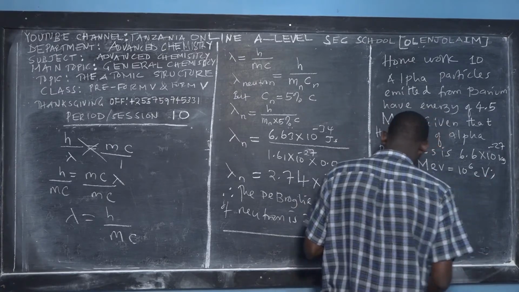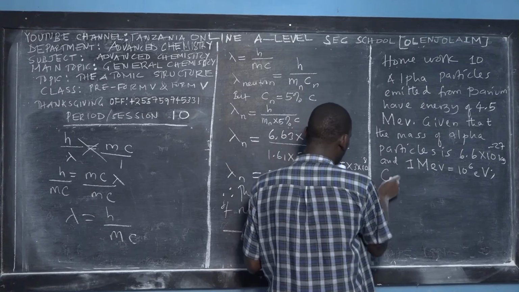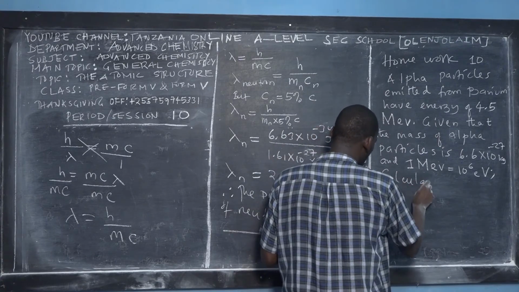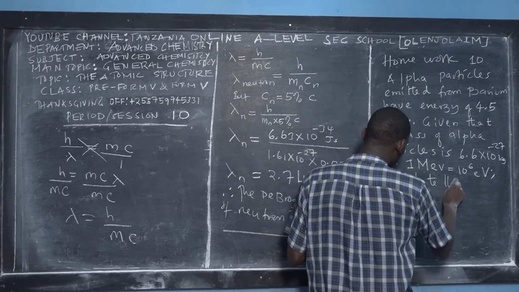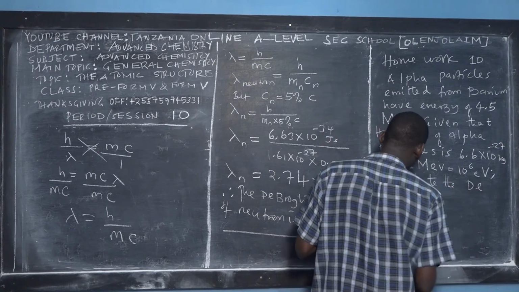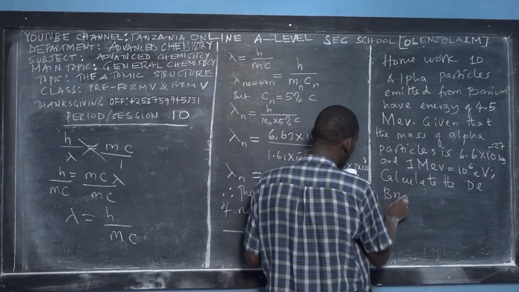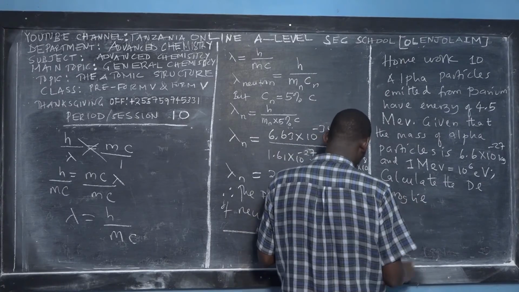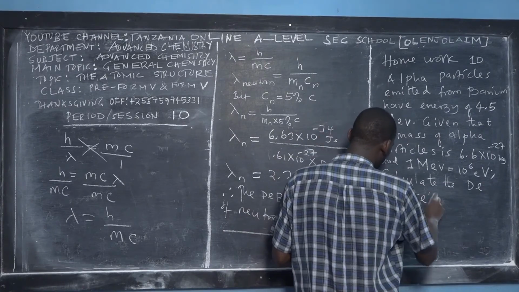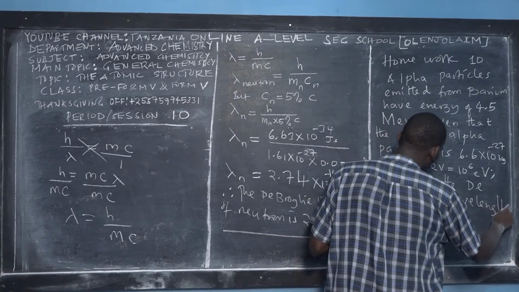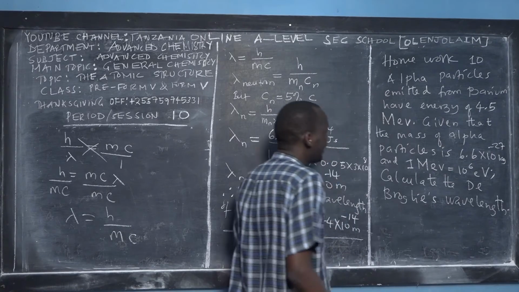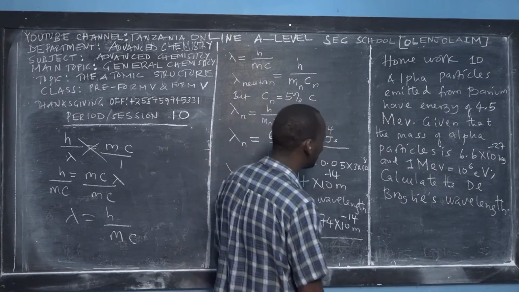Then we say calculate the de Broglie wavelength. It's a little bit of a tricky question.